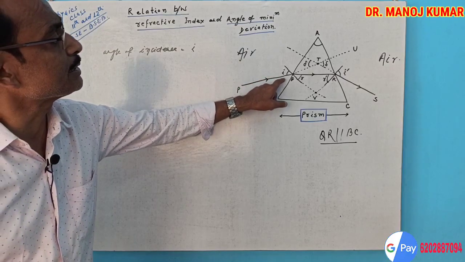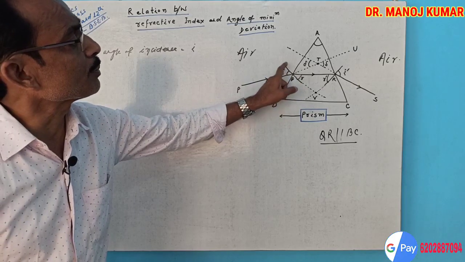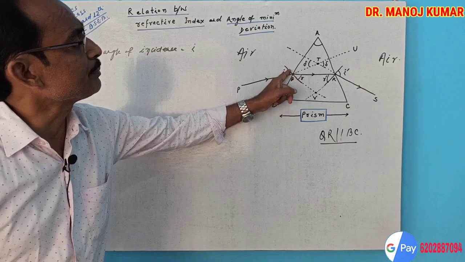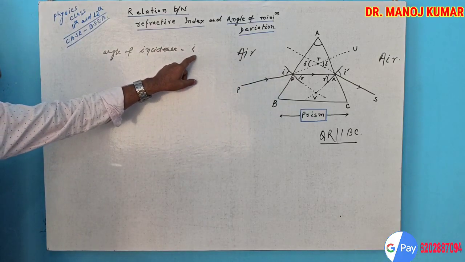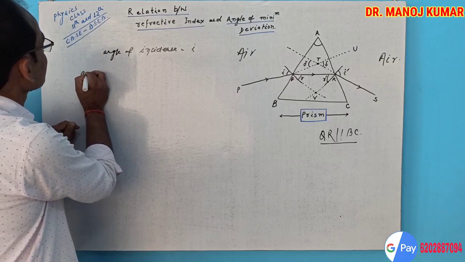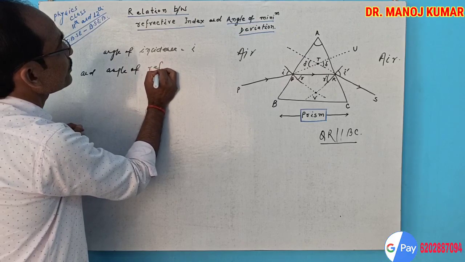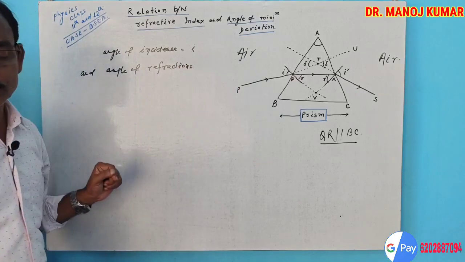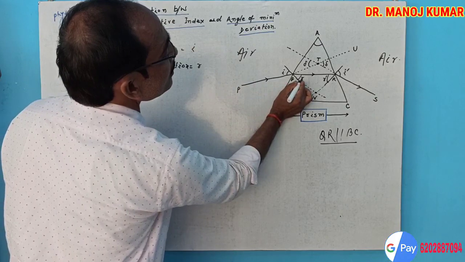Because PQ is the incident ray, and the perpendicular normal is this line, the angle made between the perpendicular and the incident ray is I, that is the incident angle, and the angle of refraction is equal to R. Here is the R.